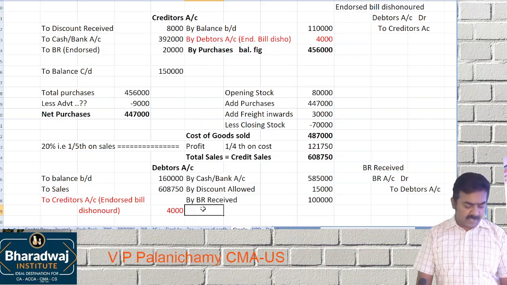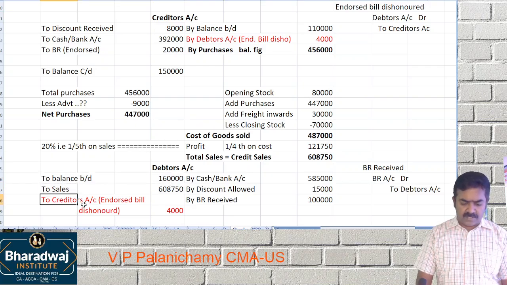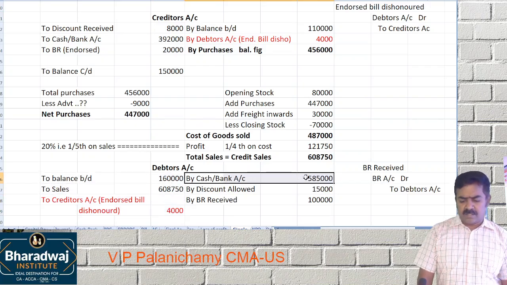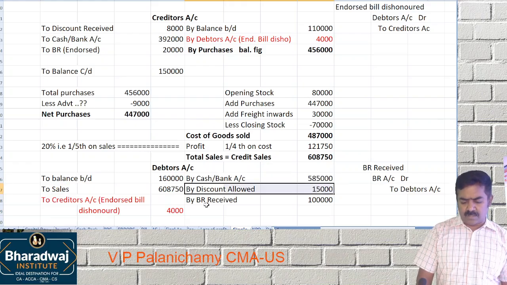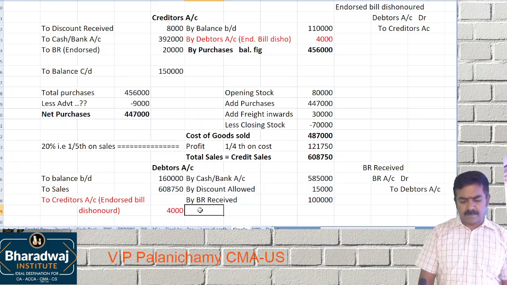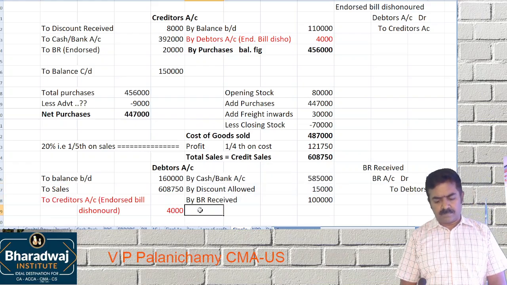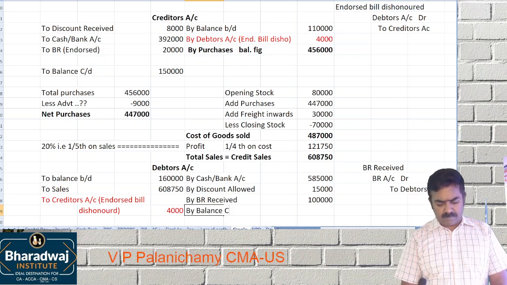What else will come? Opening balance, credit sales, endorsed bill dishonored, cash at bank, discount allowed, bills receivable received. Then closing balance.